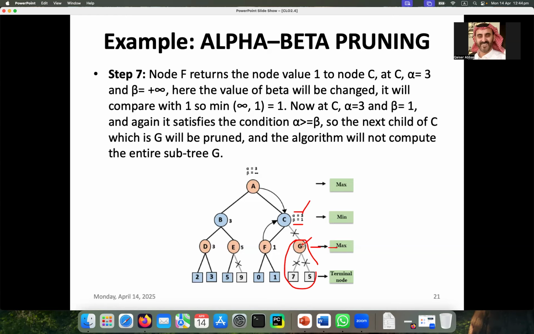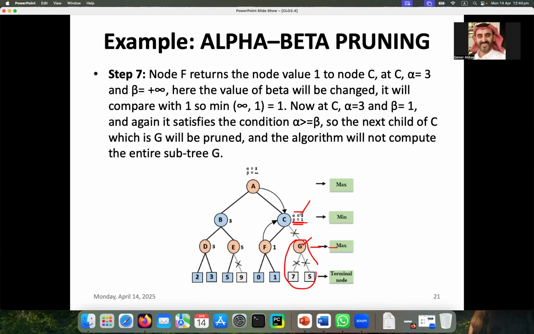But your min player has the value 1, so it will not accept those values.